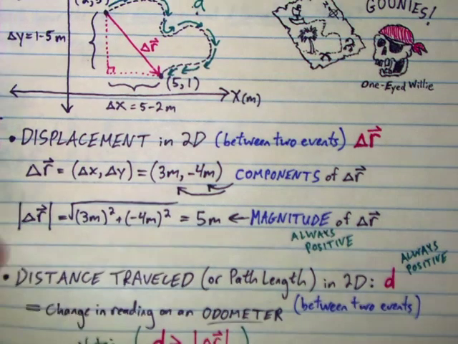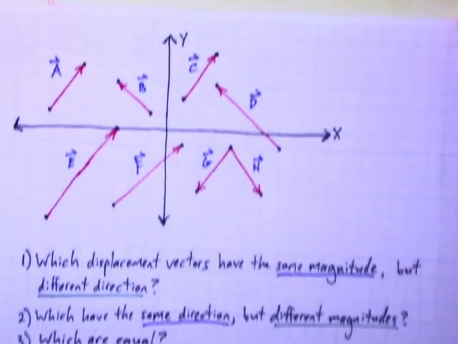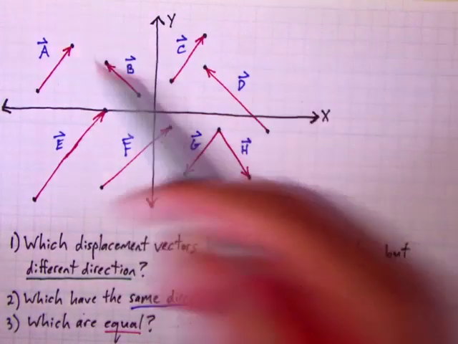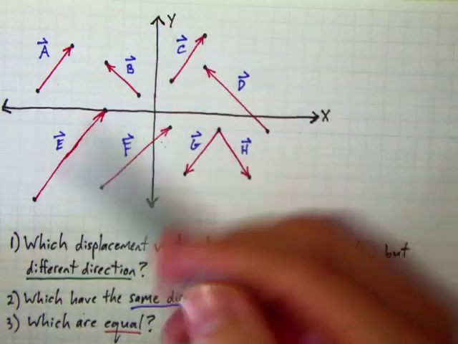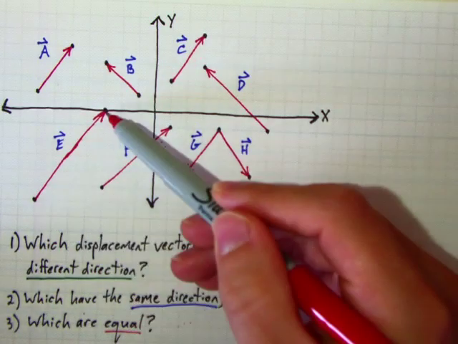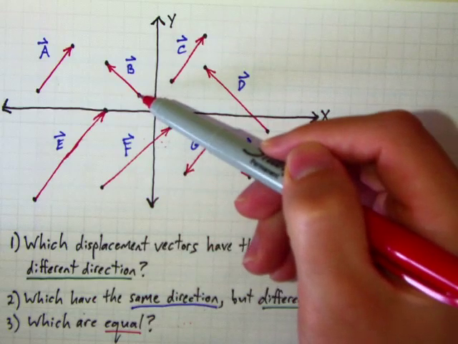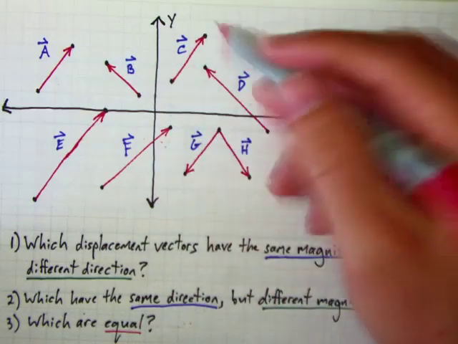Okay, I've got some exercises for you to try out. Here are a few, let's say 8 different displacement vectors. So again, x and y directions, and each time we have a starting position and an ending position, and I've drawn in the displacement vector that connects those two, and given the displacement vectors different names.